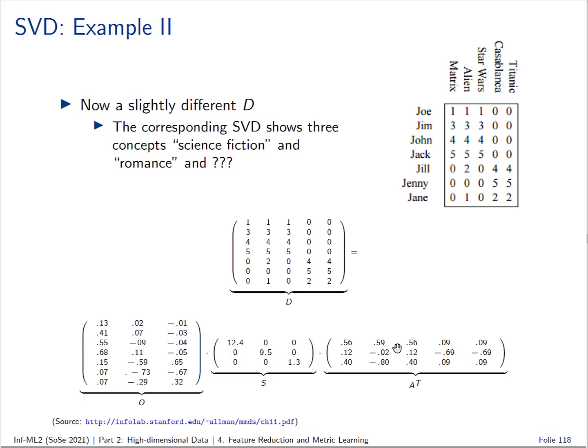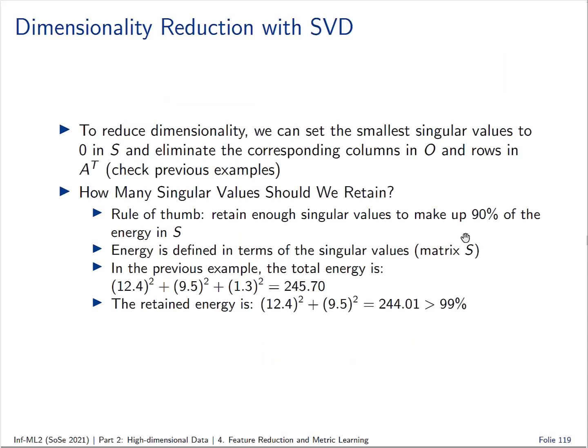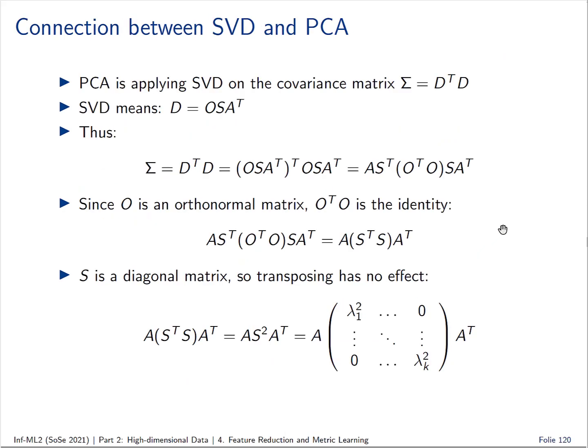And the two first features are the summations of the first three original features and the last two original features, as in the example before. So that is the basic idea, and you see that PCA is actually a special case of SVD, or the other way around, SVD is a generalization of PCA.